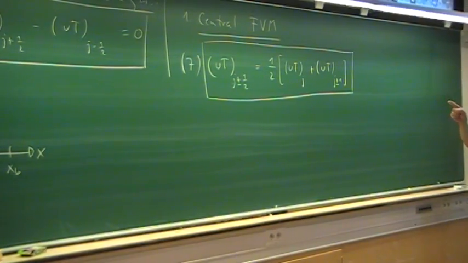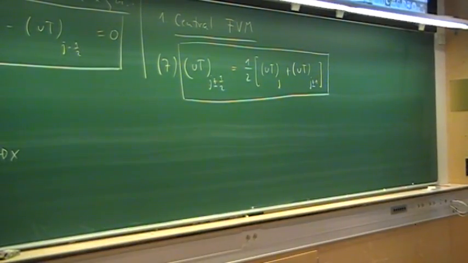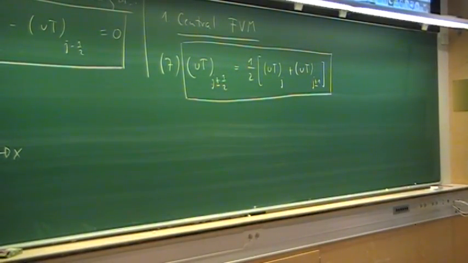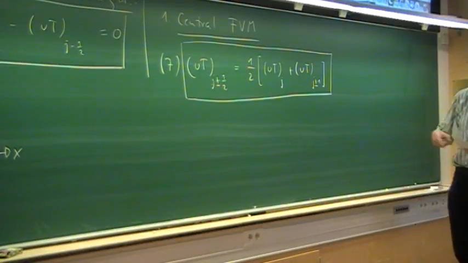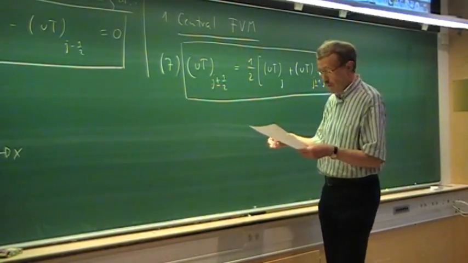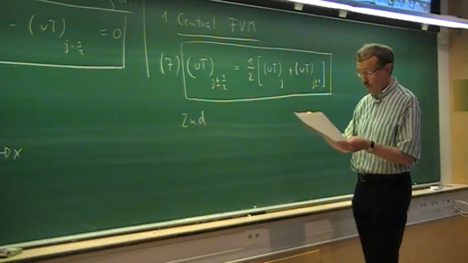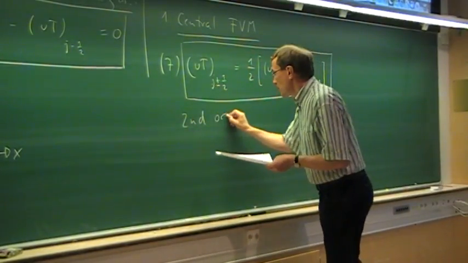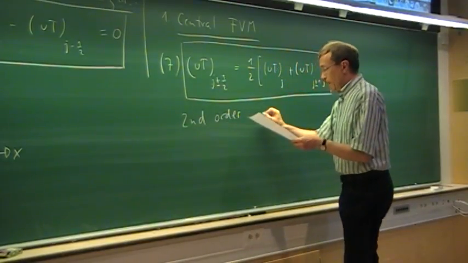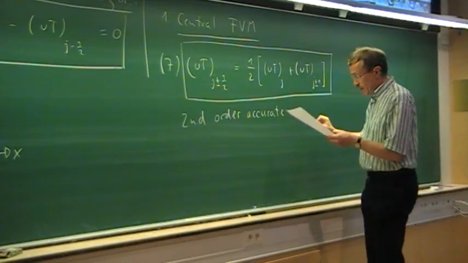Now to the properties of the method. If we look at that and we do a consistency analysis, we will find out that this method is second order. This flux approximation using this central approximation is second order. So we can state that this flux approximation is second order accurate on an equidistant grid.